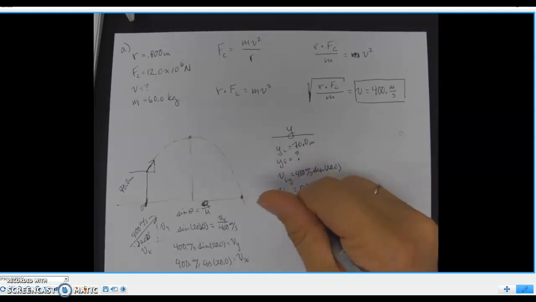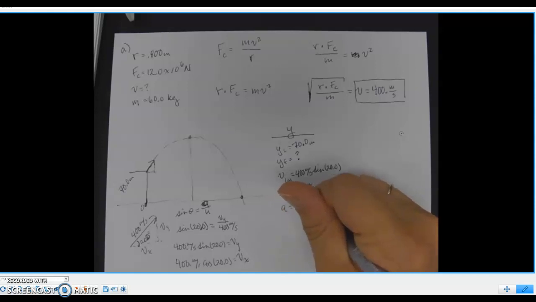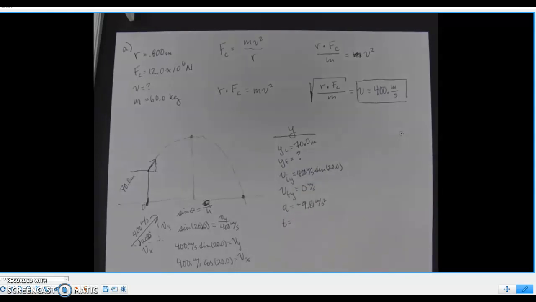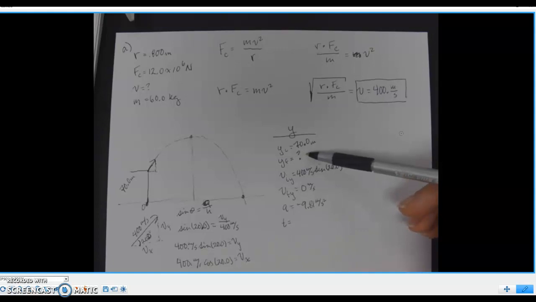We have an acceleration due to gravity, negative 9.81 meters per second squared, and we don't know the amount of time it took for it to go from here to there. So I'm going to look at my kinematic equations, and I'm going to pick an equation where I know everything except for this unknown that I'm solving for. There's two ways of doing this.